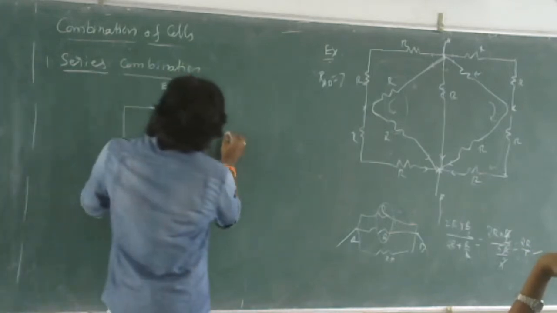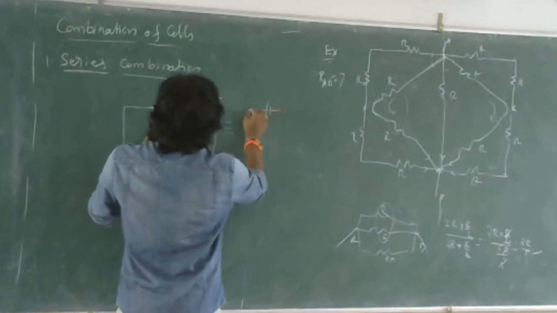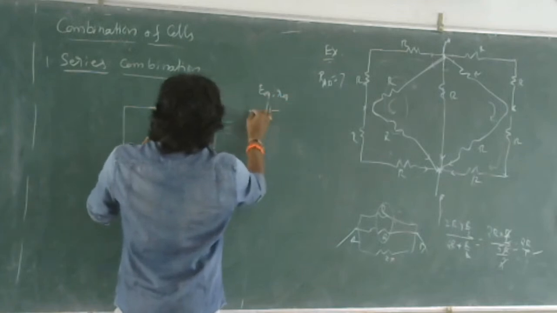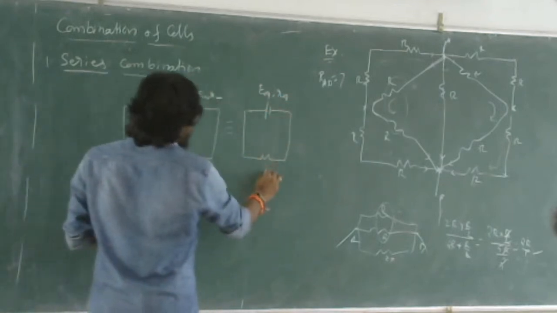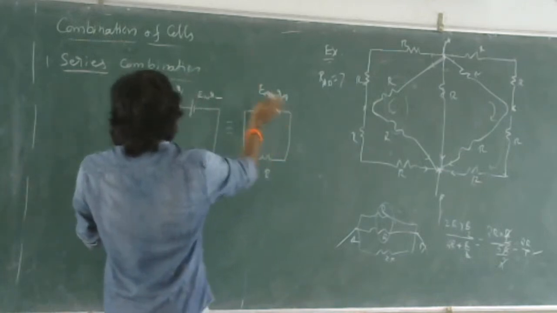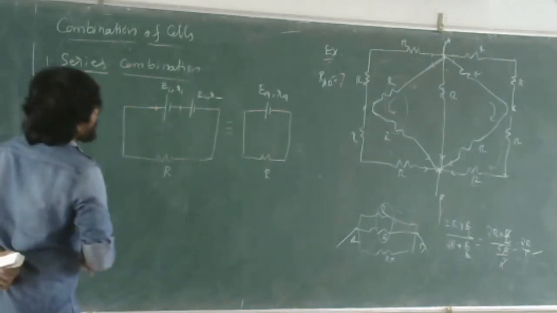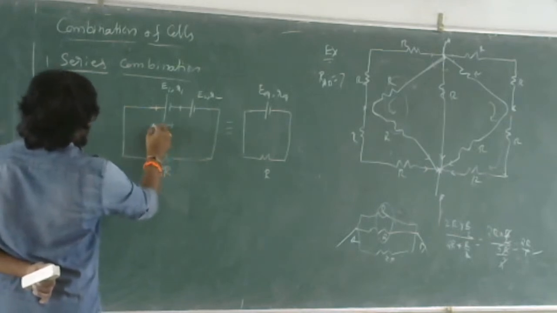So you replace this with an identical circuit: a cell having equivalent EMF and equivalent internal resistance. If you connect this to an external resistor of resistance R, it will behave the same way as the group of cells.